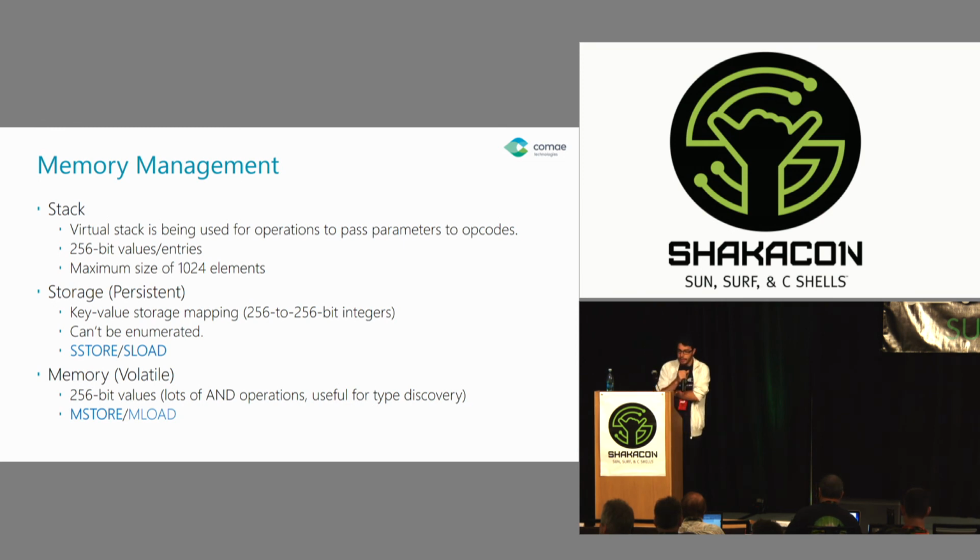And the third one is what would normally be like the heap. It's a volatile memory. Everything is working with 256-bit values, and same thing here. We can recognize it through the mstore and mload instructions.